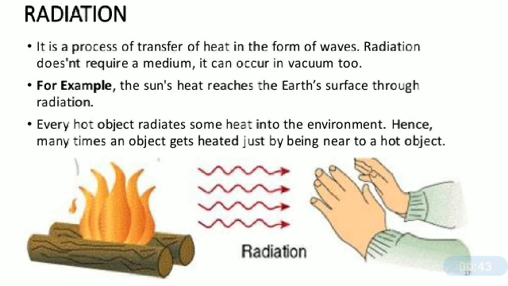Hence, many times an object gets heated just by being near to a hot object. Earth is warm because the rays of the sun are traveling through matter and heating the earth. Also, we feel the warmth when sitting beside the fire because of radiation.